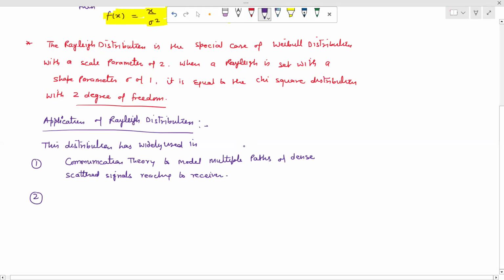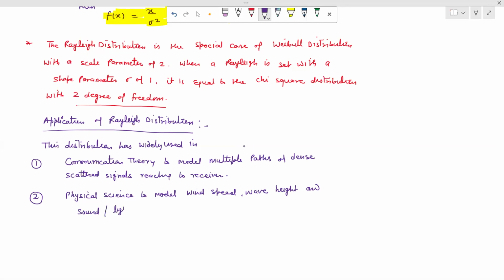Second, physical sciences, to model wind speed, wave height, and sound and light radiation.